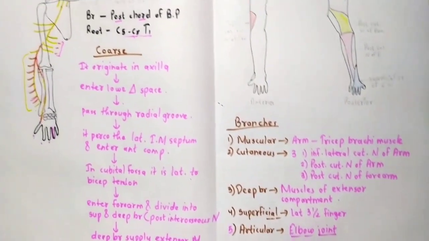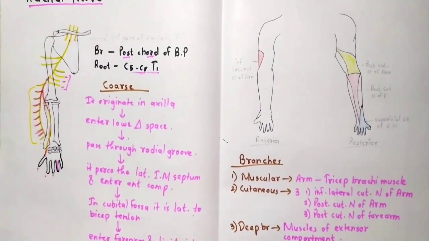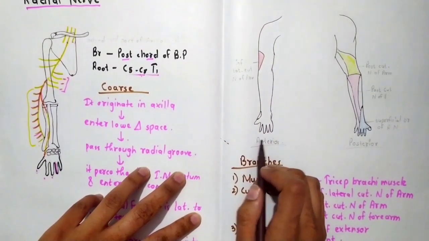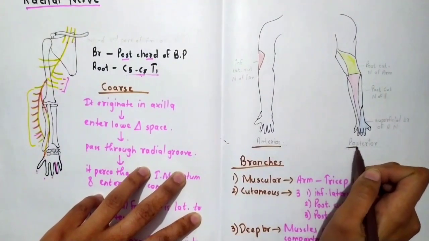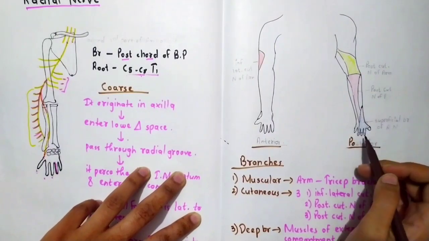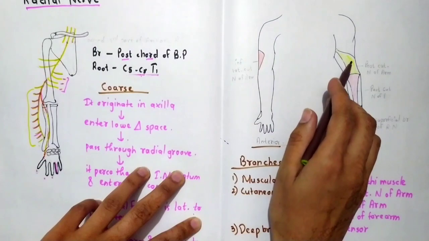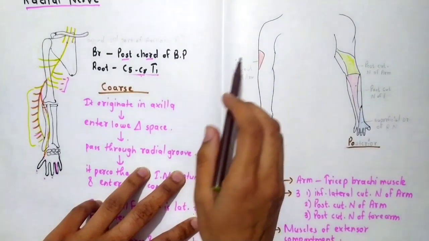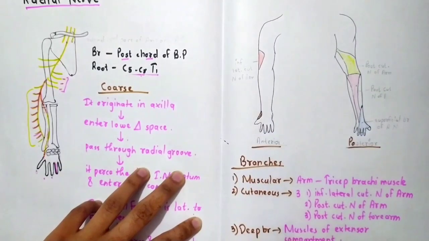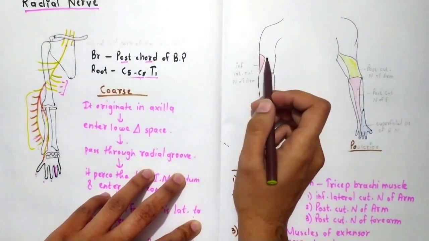So now let me show you the cutaneous supply. In these two diagrams, this is the anterior part of the arm and this is posterior. We know that the radial nerve is mainly for the posterior part of the arm and forearm, so it will mainly supply the posterior skin, and it will also supply some part of the anterior.